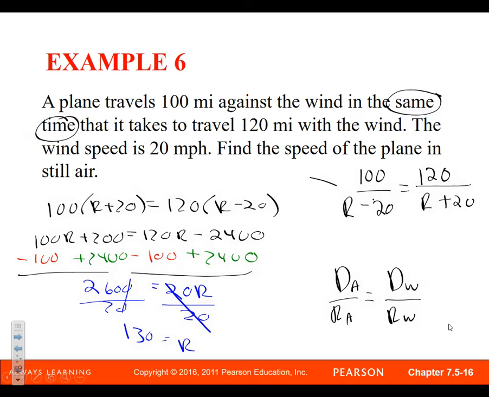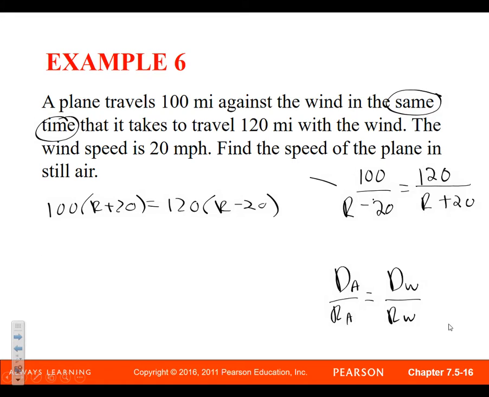Let me start again. That was not a masterpiece. Okay, what is it? Here, this is 100R, correct? This would be 3 zeros, and then 120R minus 24 with 2 zeros, yeah? All right, cool. Let's do it now.